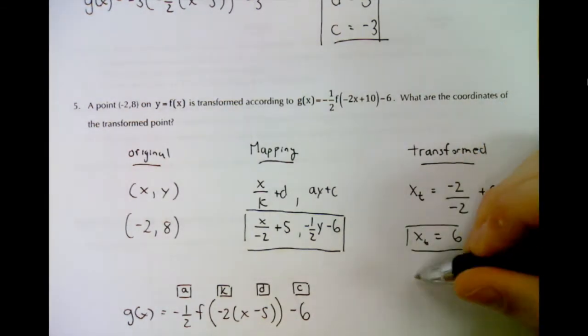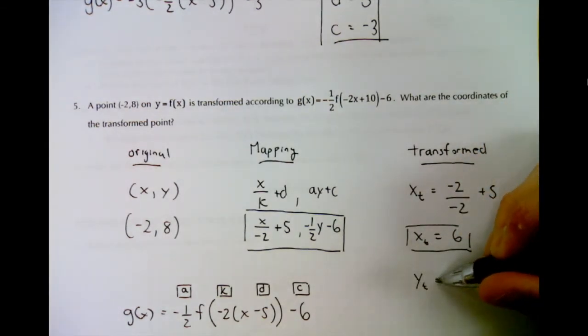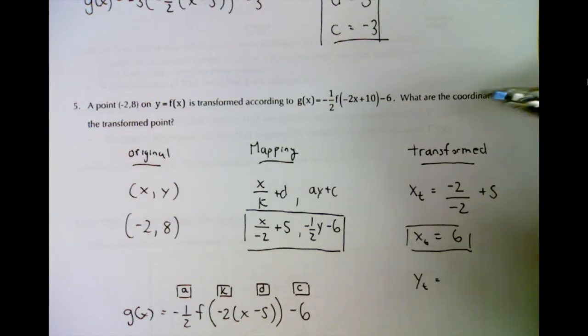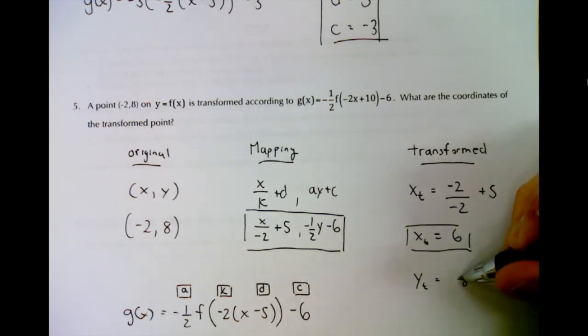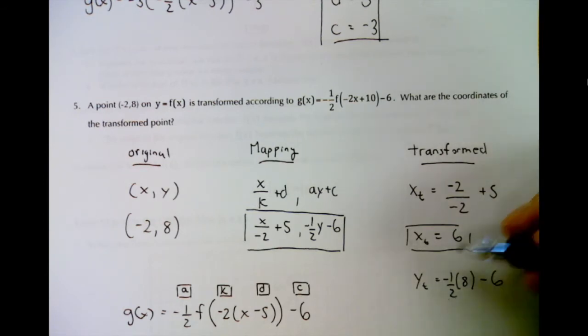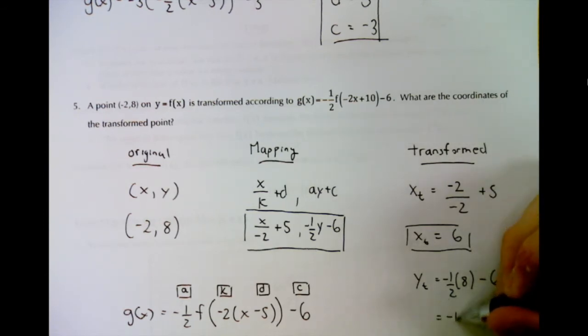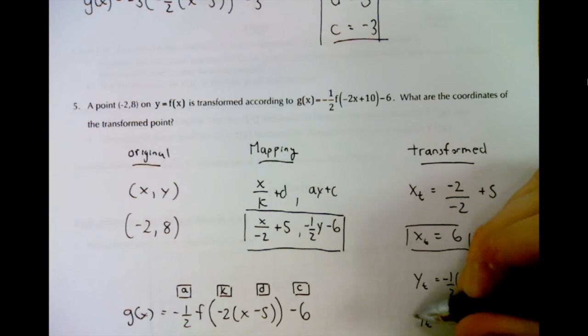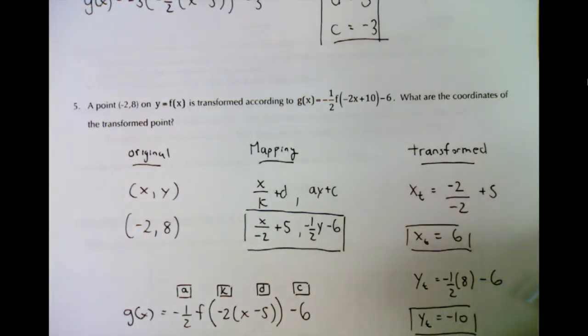To find the y of our transformed point, we're going to take our y, which is 8, multiply it by negative 1/2, and subtract 6. Negative 1/2 times 8 is negative 4, subtract 6 is negative 10. Our transformed y is negative 10. So our new point is 6, negative 10.